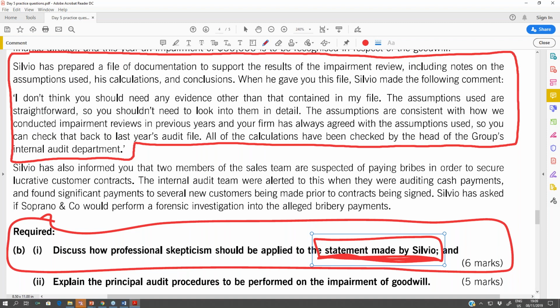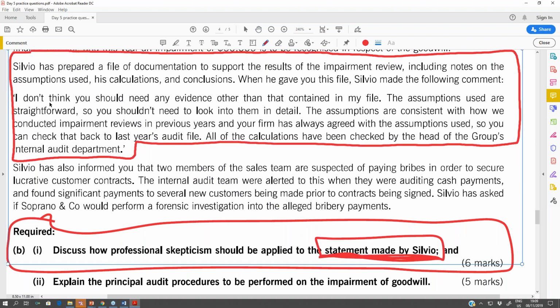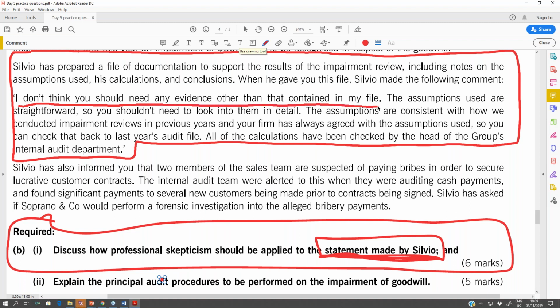I don't think you should need any evidence other than that contained in my file. So see what he's telling the auditor. I think Silvio is the finance director of the company, and he's saying, I don't think you need any evidence other than that contained in my file.